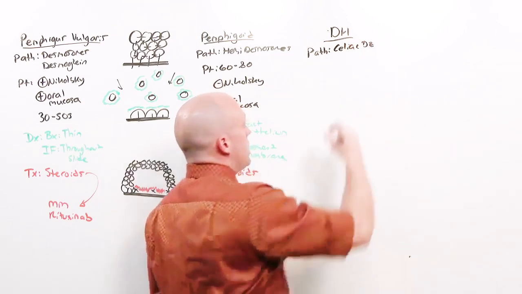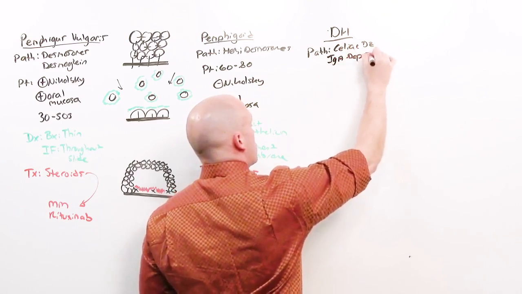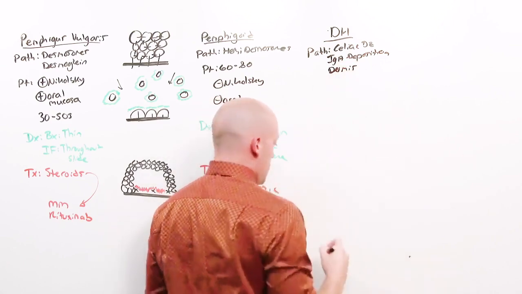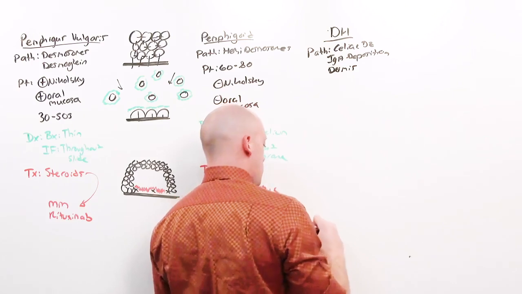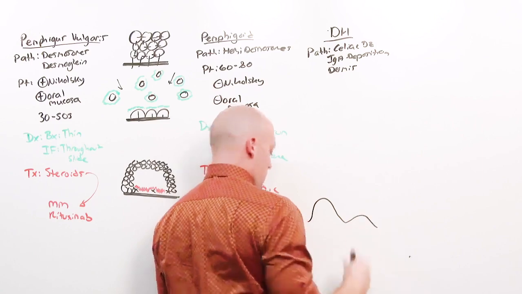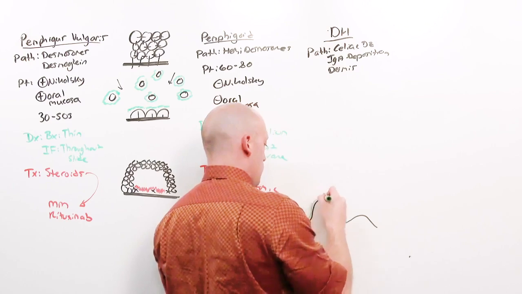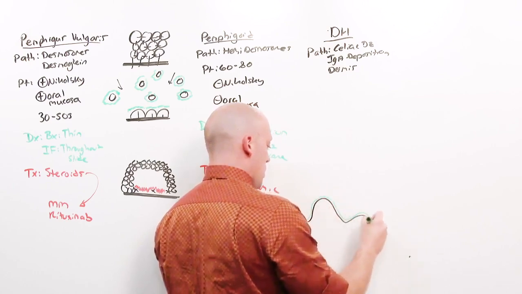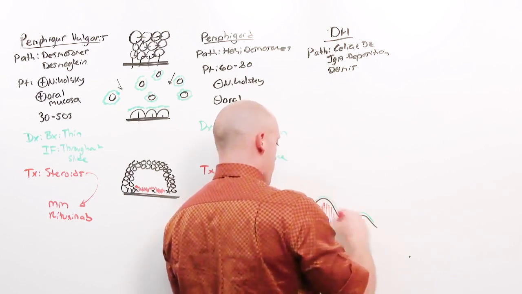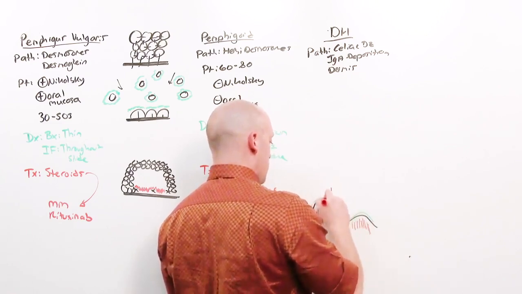In this case, IgA deposition occurs in the dermis. So if you can imagine this being the basement membrane, it's going to have a layer of epithelium, which we just got through talking about, and then in the dermis, in the papilla of the dermis, IgA gets deposited.